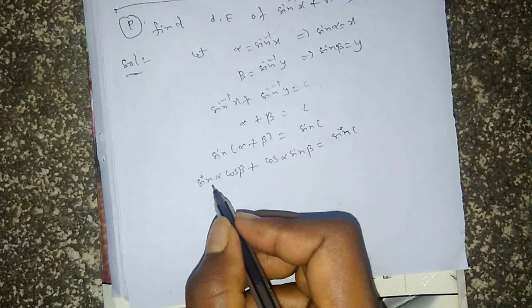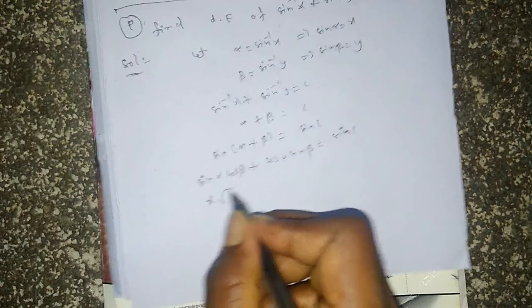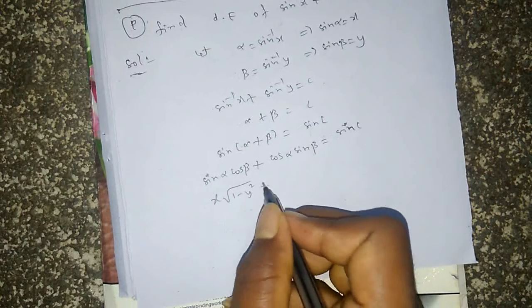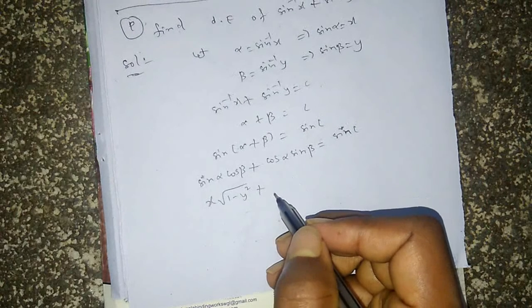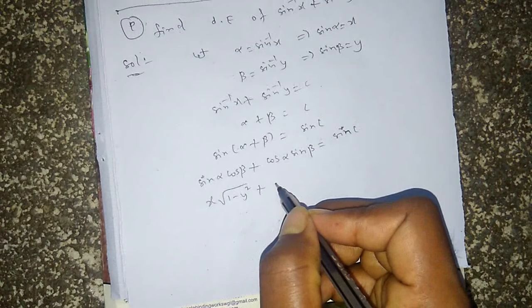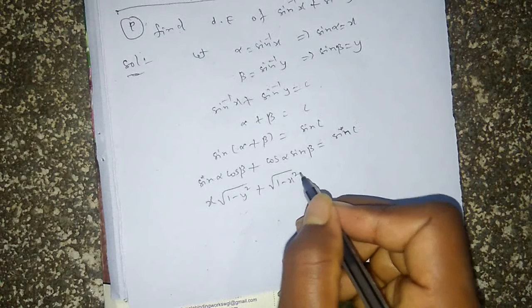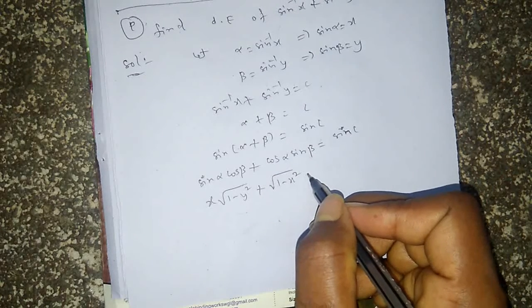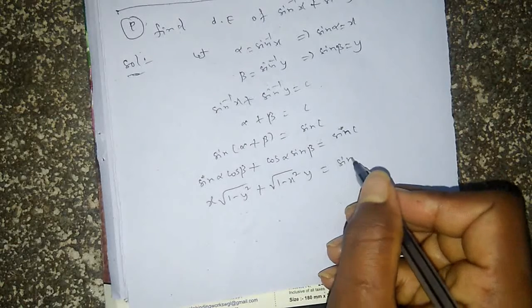Sin alpha is x, cos beta is root of 1 minus y square, cos alpha is root of 1 minus x square, and sin beta is y, that is equal to sin c.